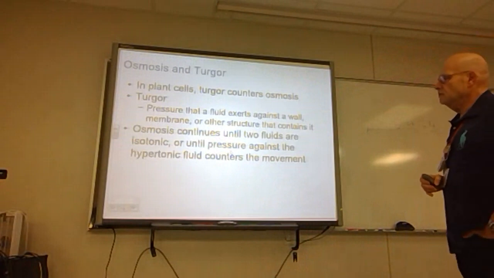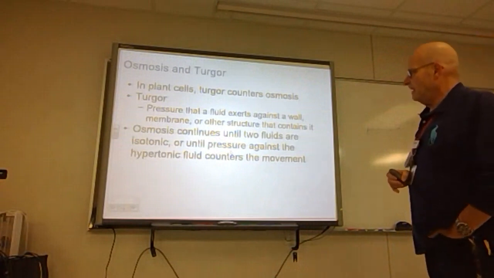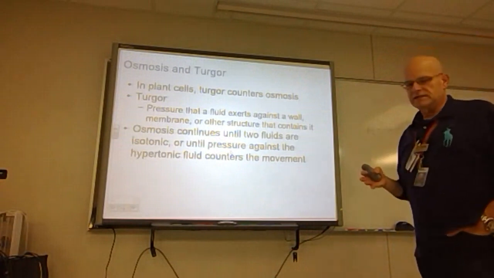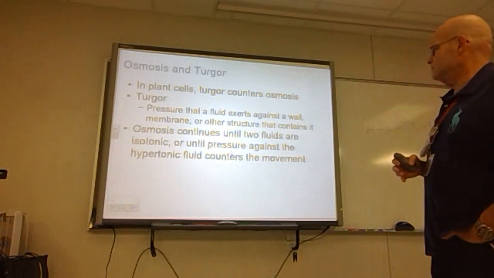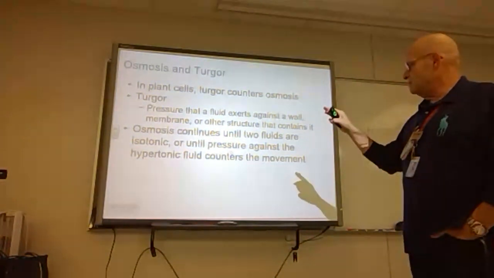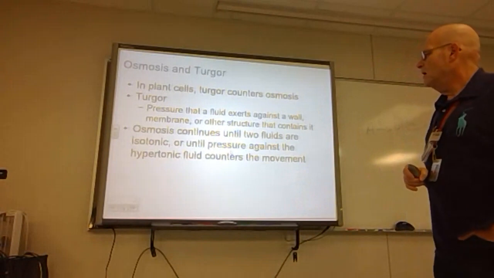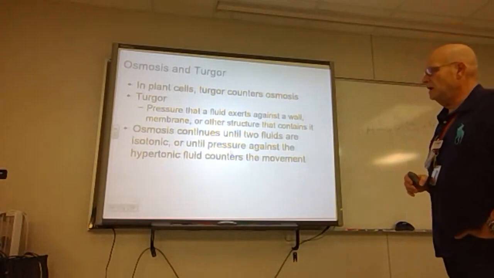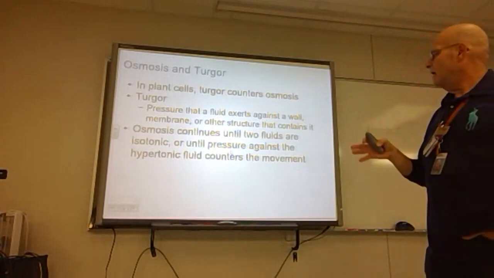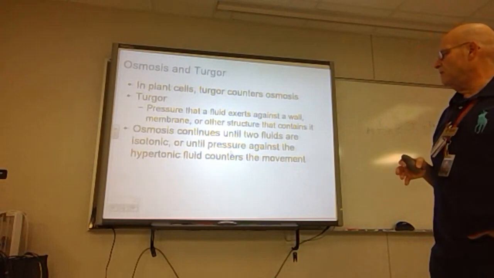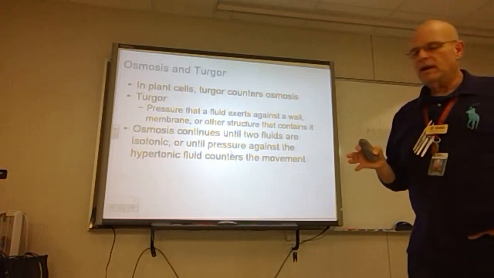In plant cells, there's something called turgor pressure. That's the pressure that the fluid exerts against the cell wall or a membrane or other structures. Osmosis continues until the two fluids become isotonic, unless the pressure against the hypertonic fluid counters the movement. That's what happens.